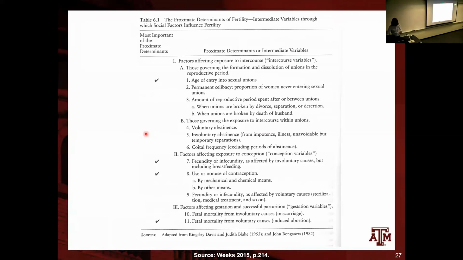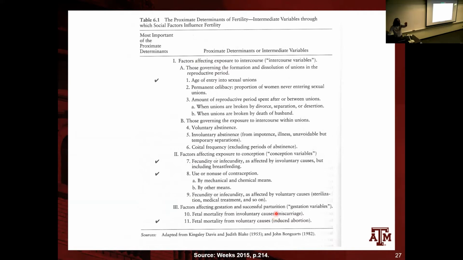And here we have the 11 variables broken down by these 3 major groups: factors affecting exposure to intercourse, factors affecting exposure to conception, and factors affecting gestation and successful parturition, where the woman actually has children born alive.